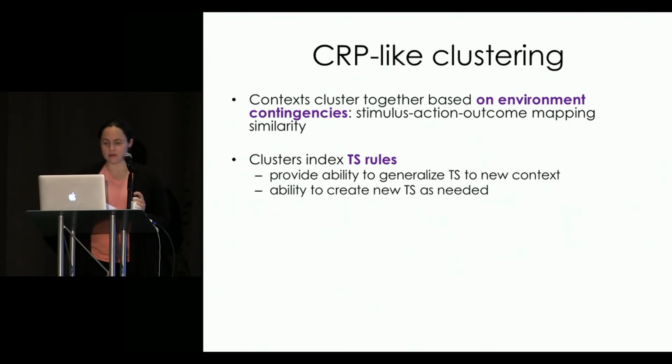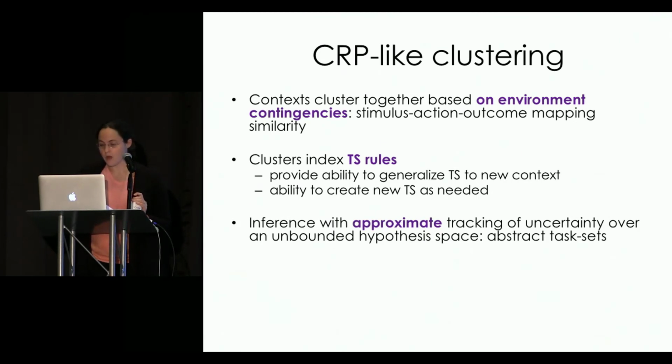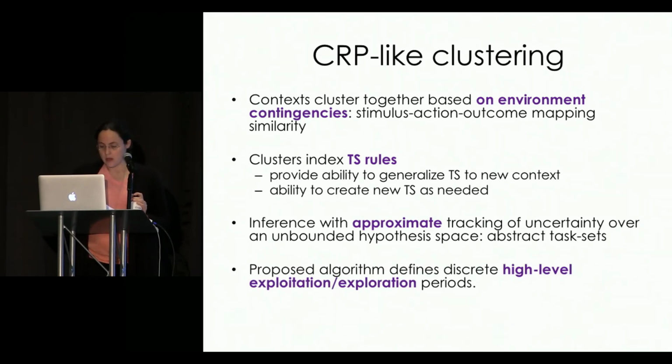And so those clusters index the task set rules, which provide the ability to generalize task sets to new contexts, but also to create task sets as needed. And our inference process is a very approximate version that's tracking uncertainty over an unbounded hypothesis space, that defines these discrete high-level exploration periods.